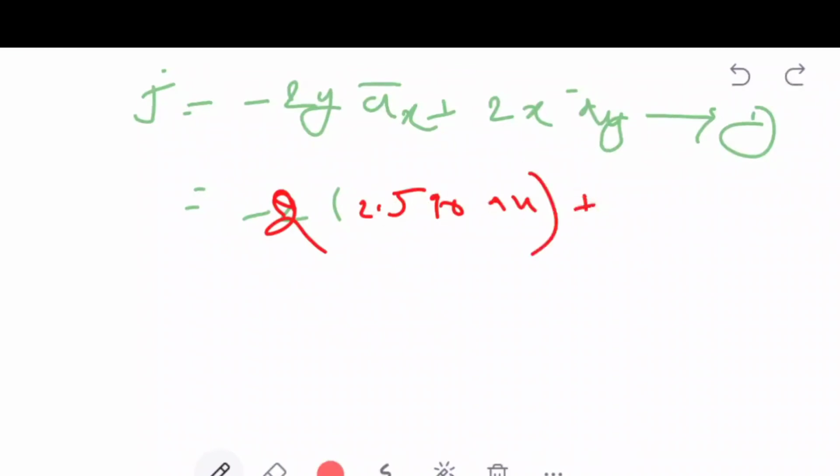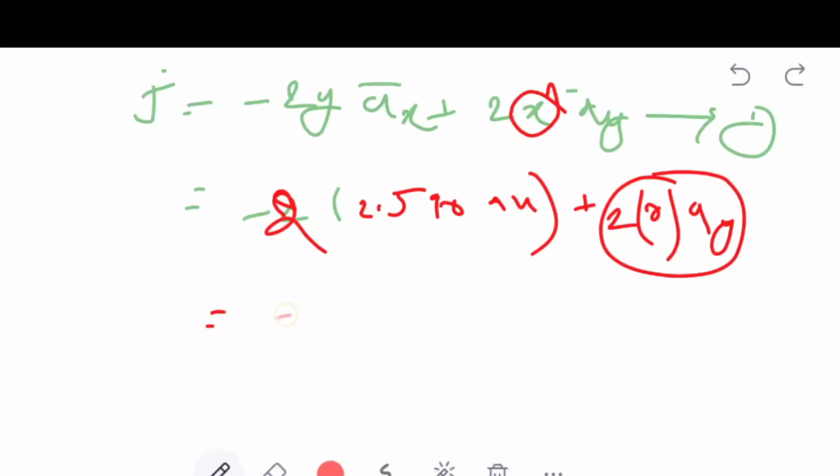In place of x is 0, so the second term is 0, 2 into 0 ay becomes 0. Finally the answer is minus 5.196 ax amperes per meter square.